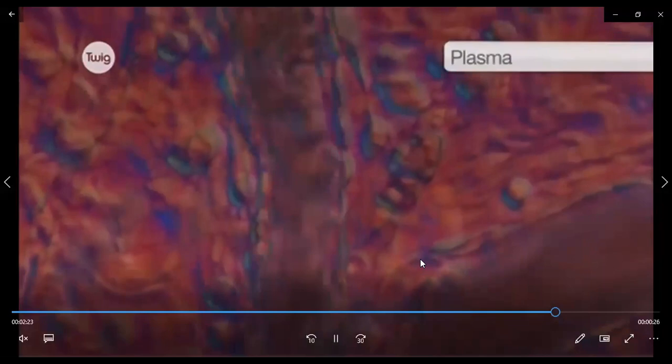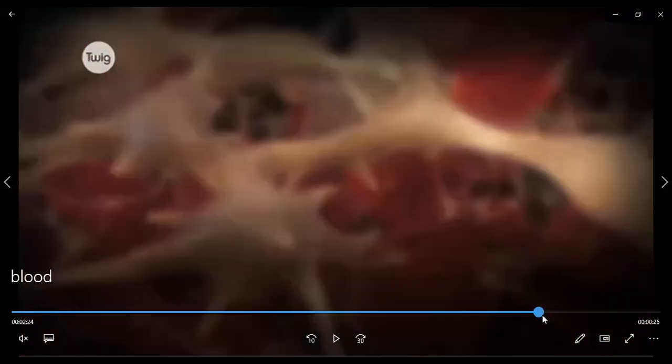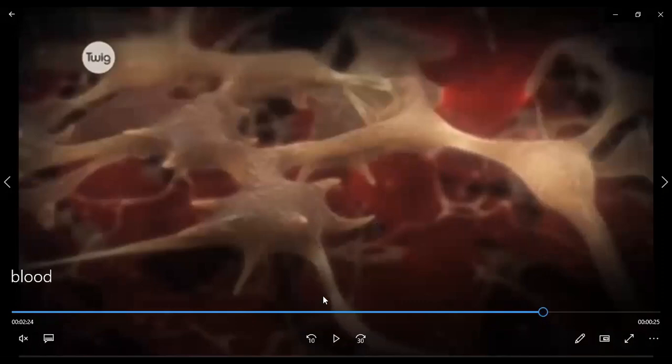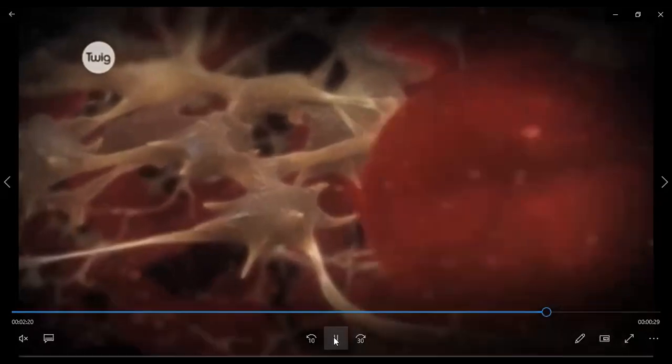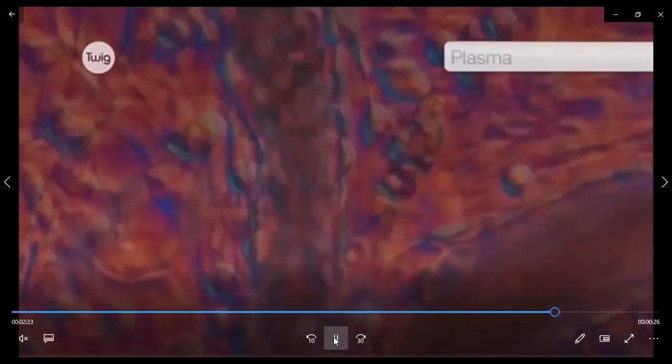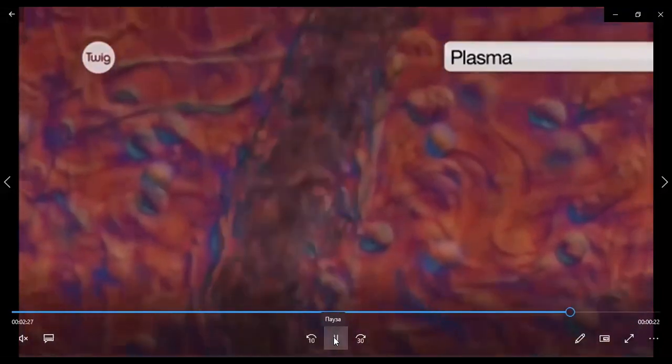Yes. Look at it. Internal bleeding happened here. So platelets come and clot. You see? Clotting. They come together, form a group, and clot. They die during their job. Plasma, what about plasma?